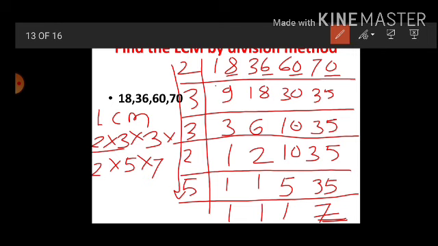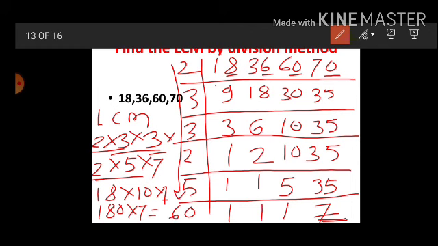Okay, 2 3s are 6, 3 2s are 6, 2 3s are 6, 6 3s are 18. 18, 2 5s are 10, multiplied by 7. 18 10s are 180, 180 multiplied by 7: 7 8s are 56, 7 1s are 7, 7 plus 5 is 12. So what is our LCM? 1260.